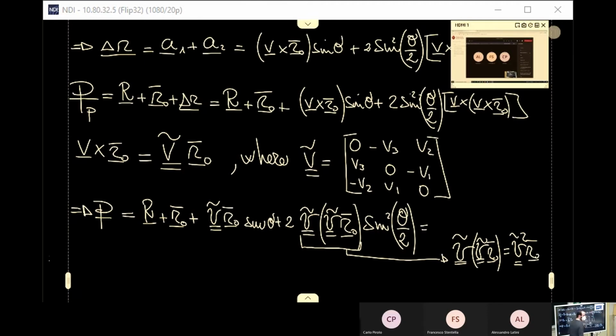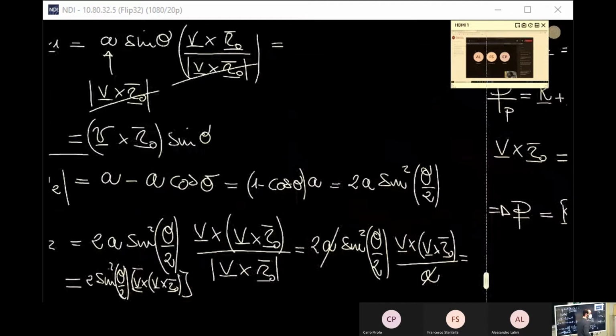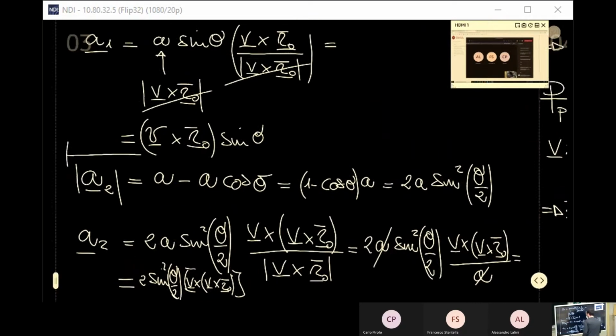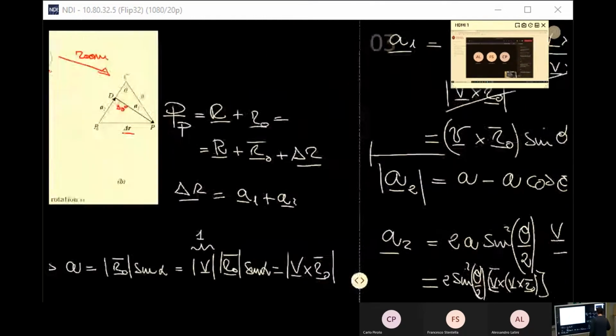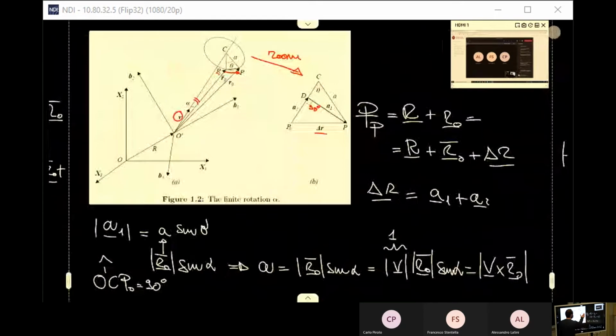Yep. So the direction of the second component will be along R0 over bar? No. No, because I know what your question is about. We are always in a plane, which is the plane which contains this circumference, which is orthogonal to the axis of rotation.